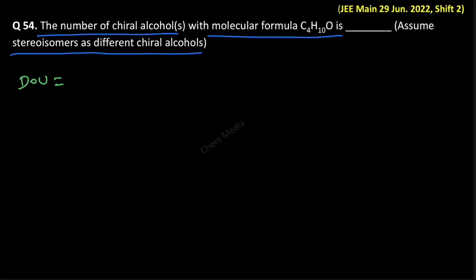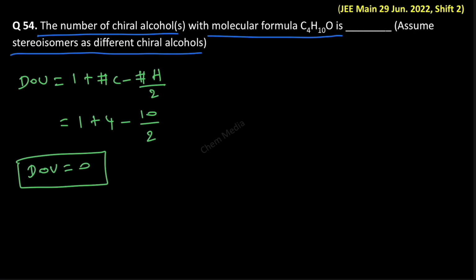Degree of unsaturation in this case is equal to 1 plus number of carbon atoms minus number of hydrogen atoms by 2. Oxygen atom doesn't participate in the degree of unsaturation calculation. Therefore, this is equal to 1 plus 4 minus 10 by 2, 5 minus 5, that is equal to 0. This means all the alcohol isomers that we are going to write are saturated alcohols.